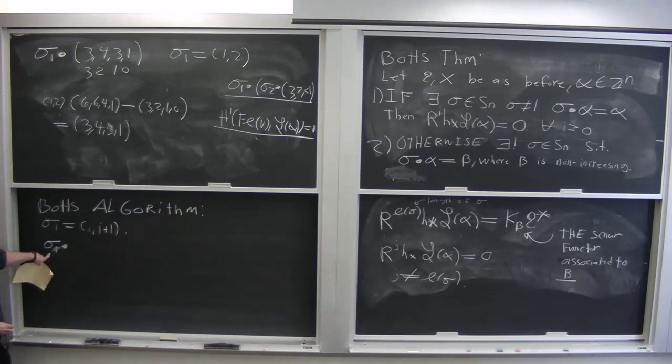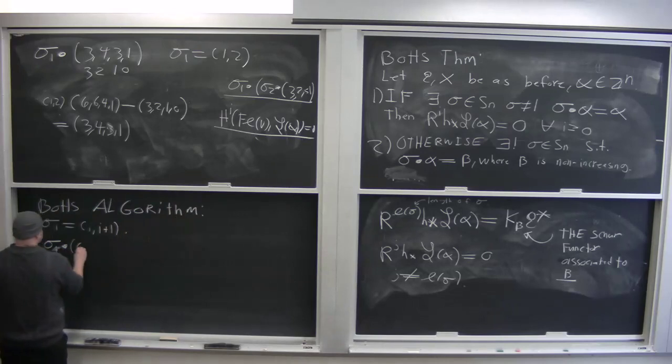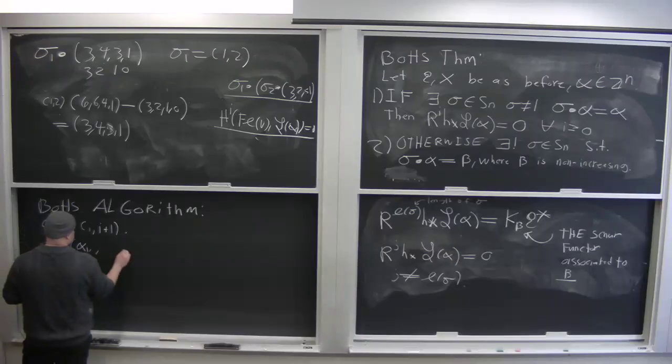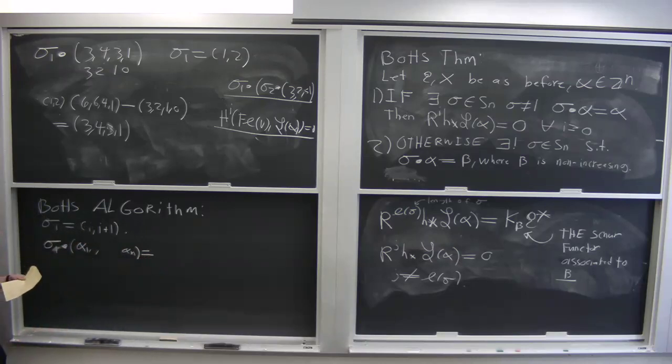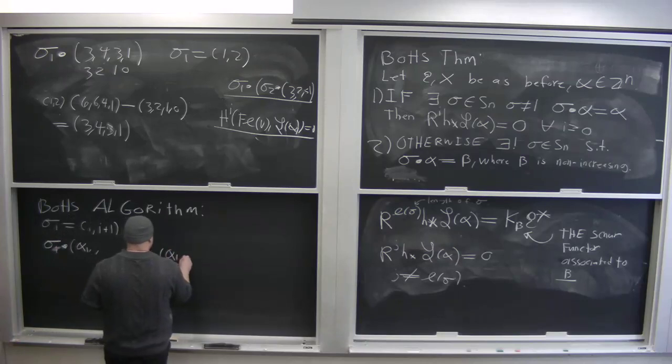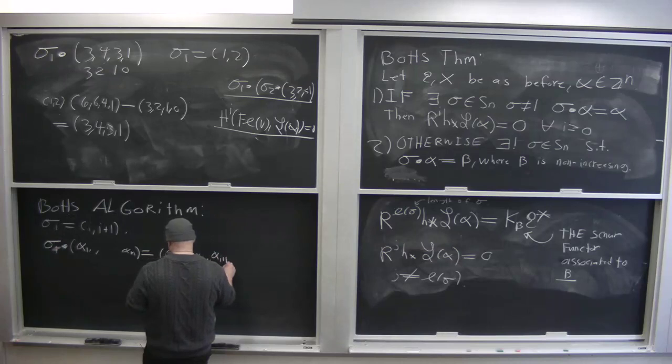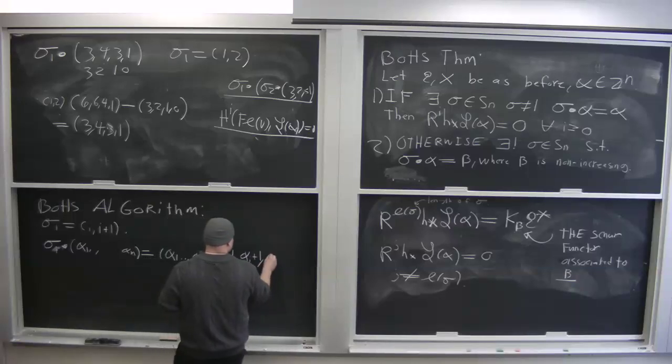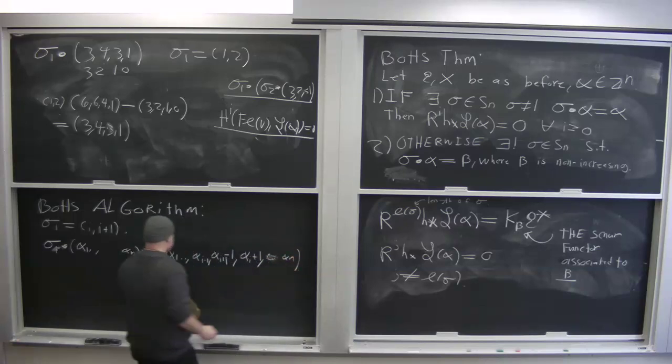So what is sigma i bullet of, what did I write here? Let's say this is alpha 1 all the way up to alpha n. What is the shifting action doing? It only affects things from alpha i minus 1 onward.